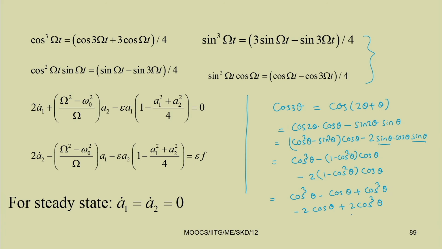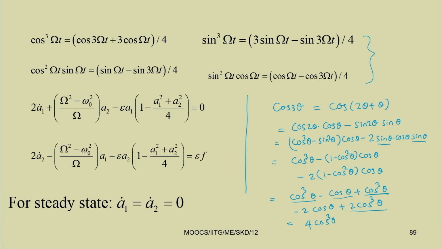So now, from this thing 2 cos cube theta, here another cos cube theta, so this becomes 3 cos cube theta minus cos theta and minus 2 cos theta. So you can see cos cube theta, another cos cube theta here and 2 cos cube theta.